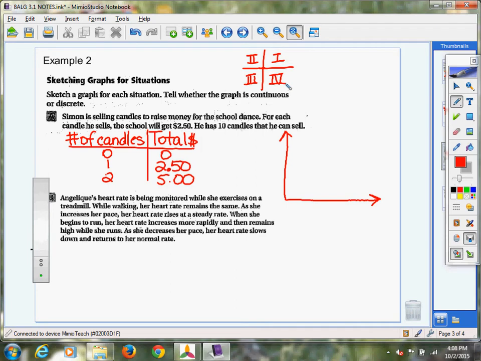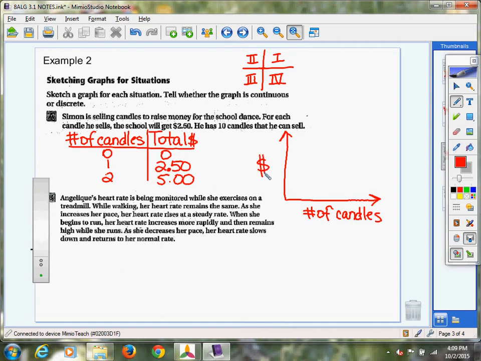Now, in quadrant 1, the x is positive and the y is positive. In this case, our x is going to be number of candles. We're going to track as he sells these candles, and see what happens. How much money does he get?